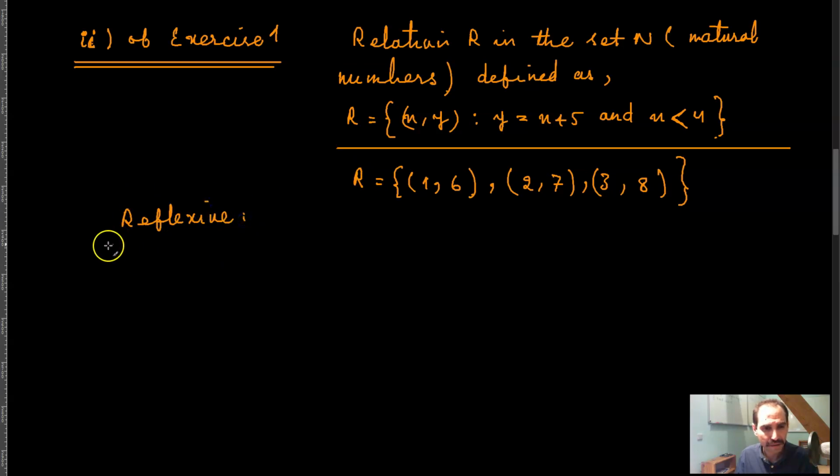For the case that the relation is reflexive, we say that for every A belonging to the set A, A comma A has to belong to R. For example, you can see that 1 comma 1 does not belong to R. Of course, you know that 1 does belong to the set N, right?